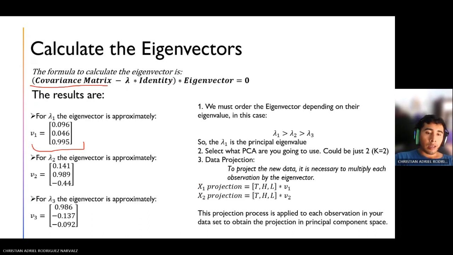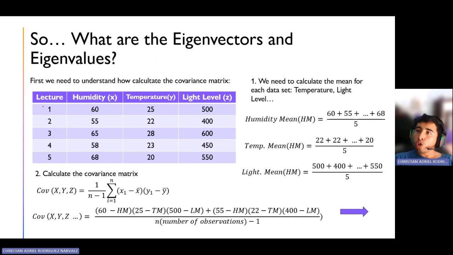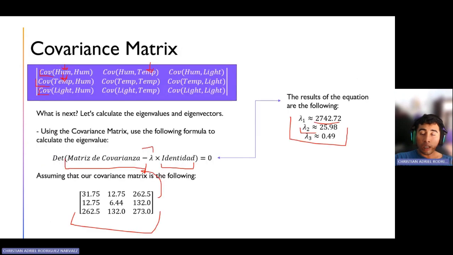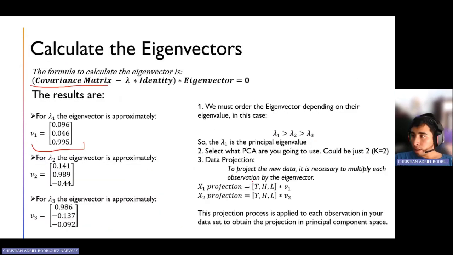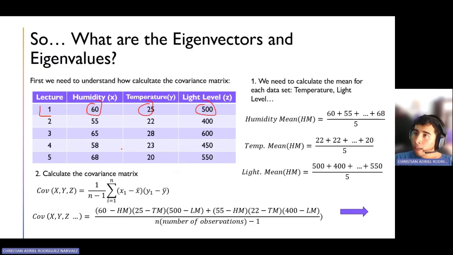For example, in this case, we're going to choose observation 1. Observation 1 has 60, 25, and 500. These values we're going to put in this matrix, and multiply by b1, our eigenvector. For the x2 projection, we choose the next observation, observation 2, with the following data: 55, 22, and 500.